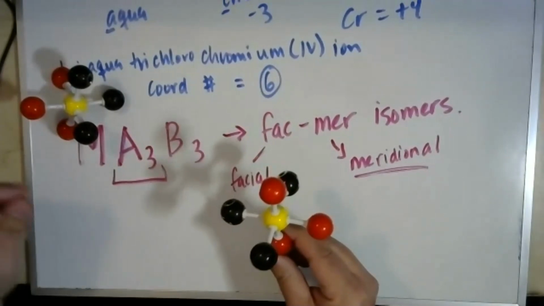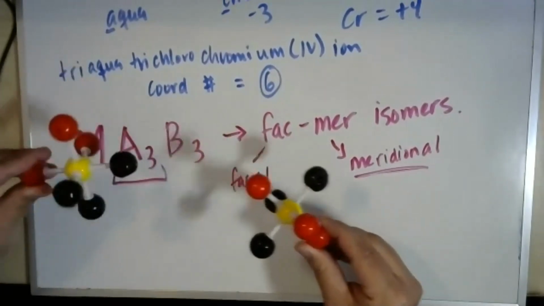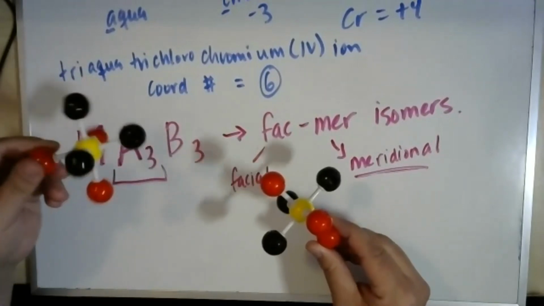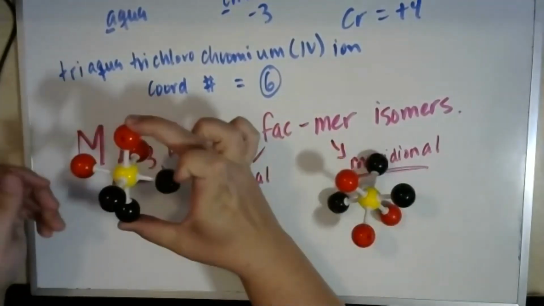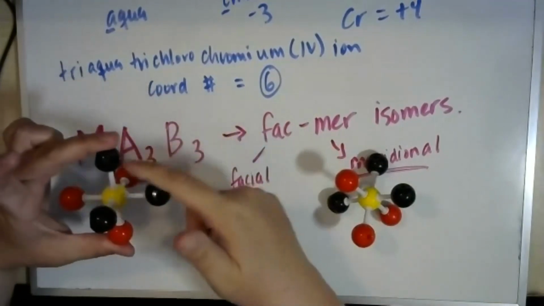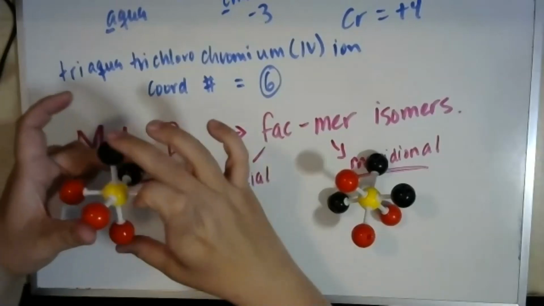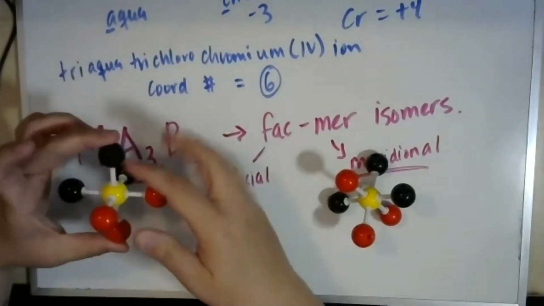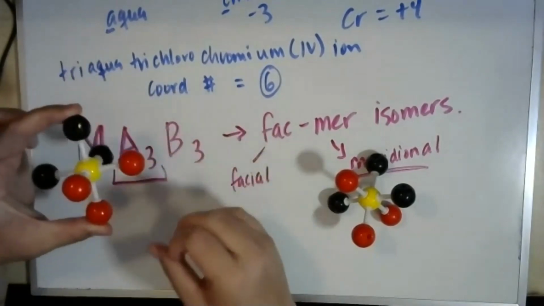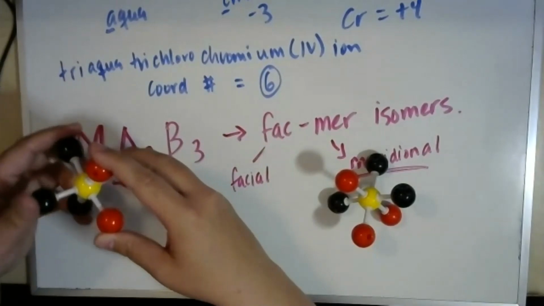You're going to notice that when you have your fac isomer here, no matter what way I'm holding this, I always end up with different ligands on the top and the bottom. It doesn't matter which way I put it, I'm always going to have different ligands on the top and the bottom, because they're grouped in a way that puts them all next to each other.